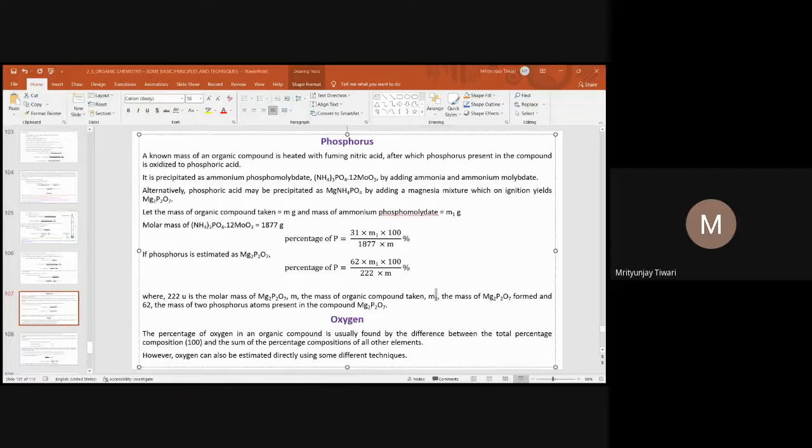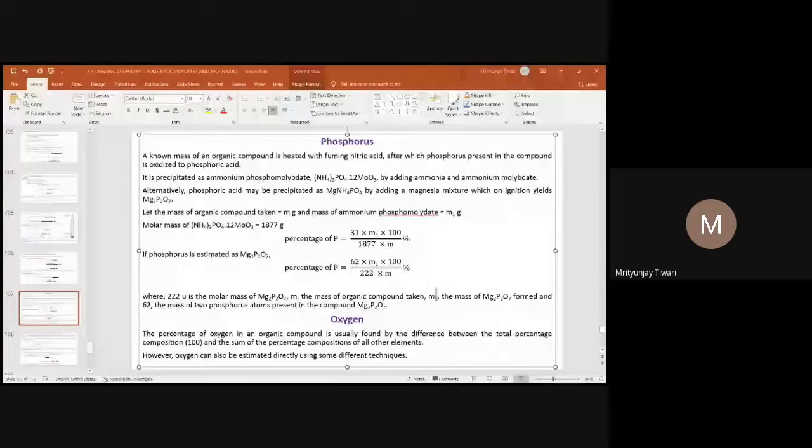And this is how we estimate phosphorus present in an organic compound. Let us now see how one can estimate the percentage of oxygen in the given organic compound. The easiest way is to get the mass percentage of all the other elements present in the organic compound, sum them, and subtract the sum from 100%.